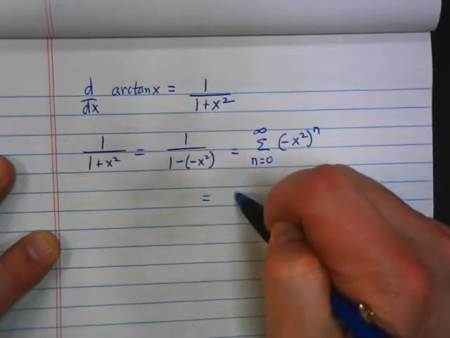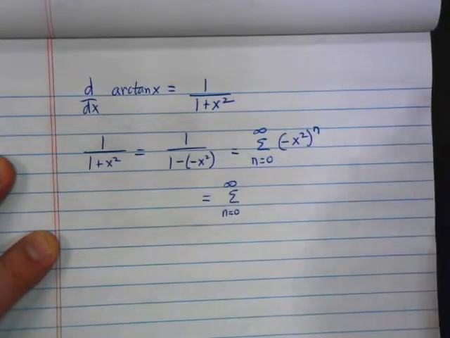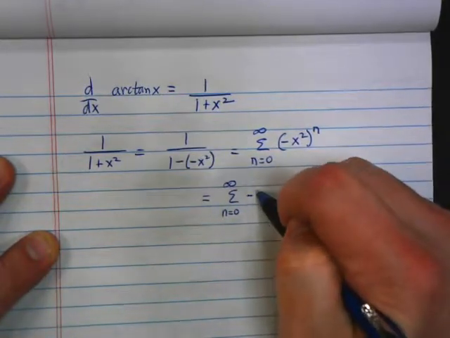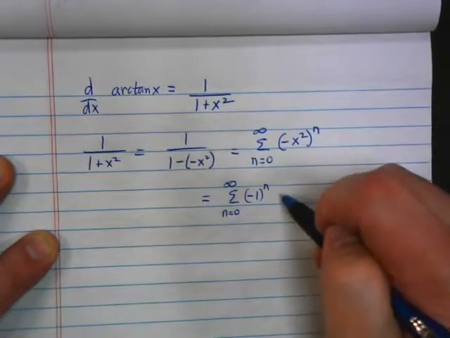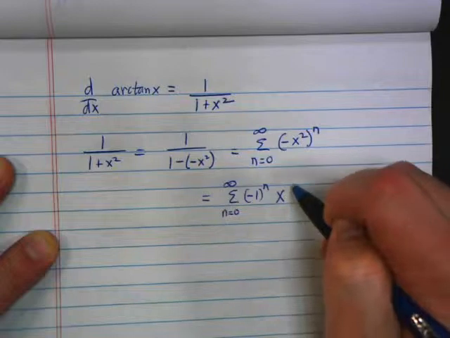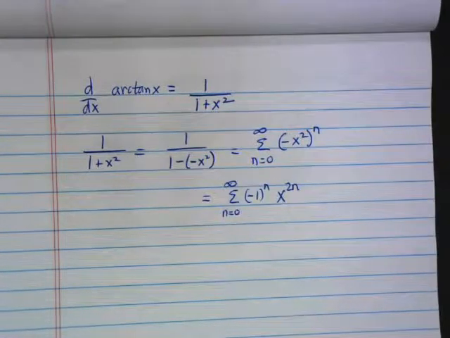So that's the sum from n equals 0 to infinity of negative 1 to the n, x to the 2n. I would multiply my powers there. So there's the power series for 1 over 1 plus x squared.